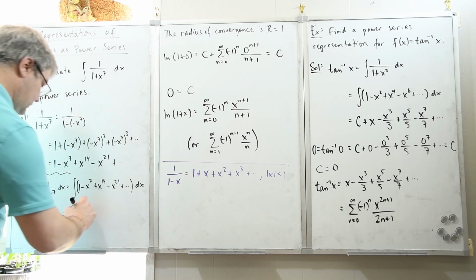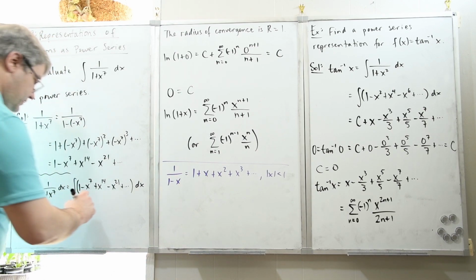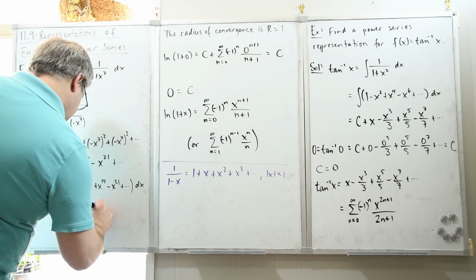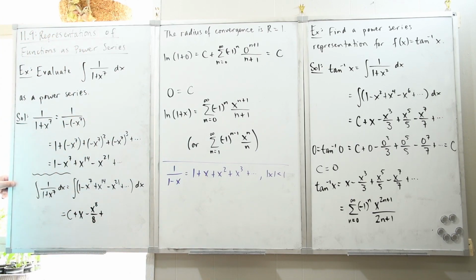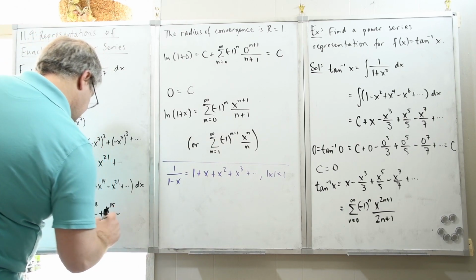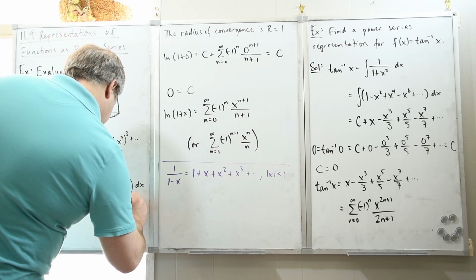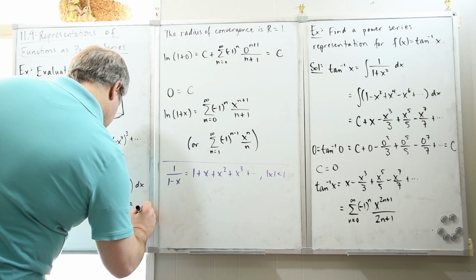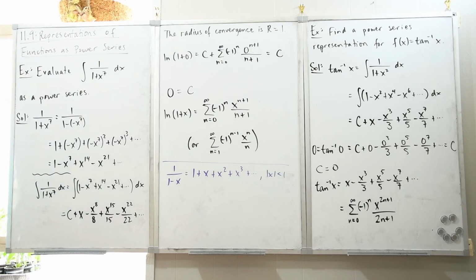Integrate 1, you get x. Integrate your negative x to the 7th, that'll give you a negative x to the 8th over 8. Integrate your x to the 14th, you get x to the 15th over 15. Integrate your negative x to the 21st, you get negative x to the 22nd over 22. And this just keeps on going. But this would be our representation.